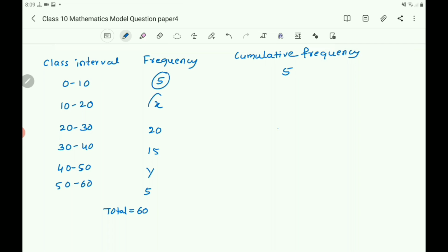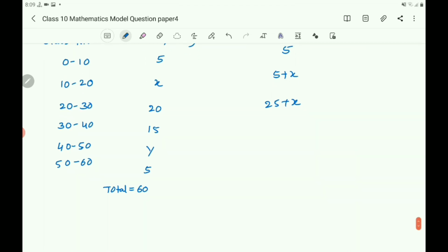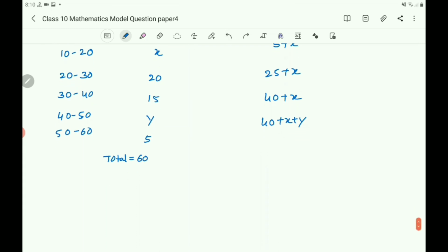Next 5 plus x, then 5 plus x plus 20, that becomes 25 plus x, then 25 plus x plus 15, 25 plus 15 is 40, 40 plus x, then 40 plus x plus y, then 40 plus x plus y plus 5, you will get 45 plus x plus y.